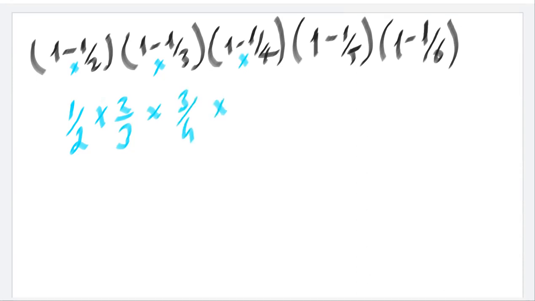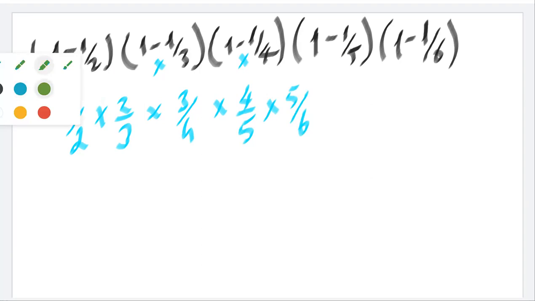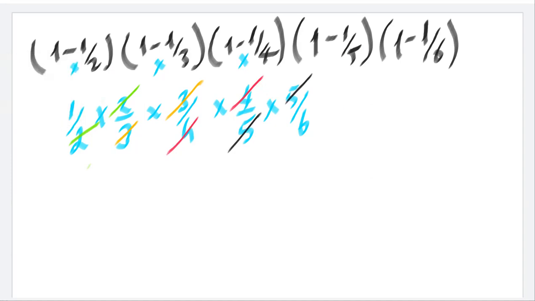So you see we have a pattern, and 5 over 6. After this, always make it simple first, so it will be easier. These two are simplified, these two are simplified, these two are simplified, and these two are simplified. So what we are left with is just 1 and 6.